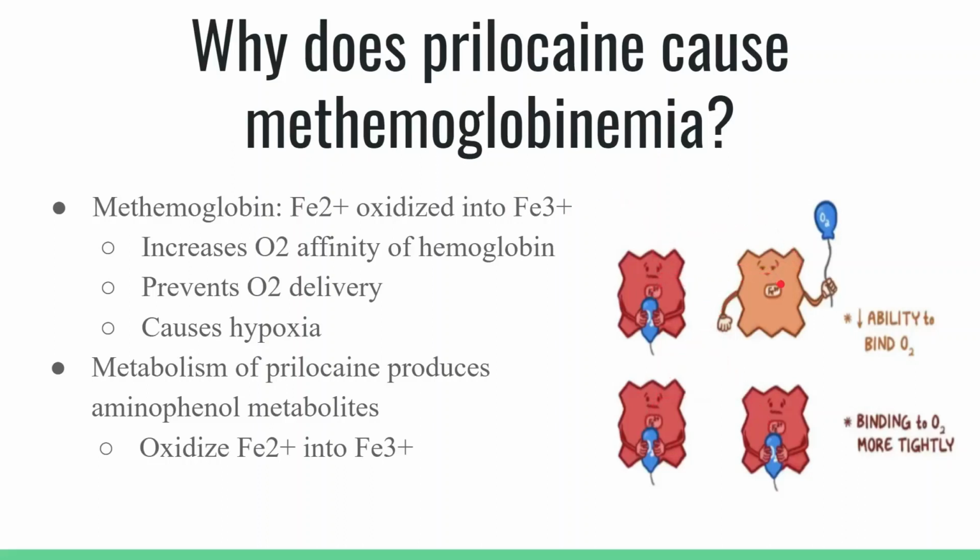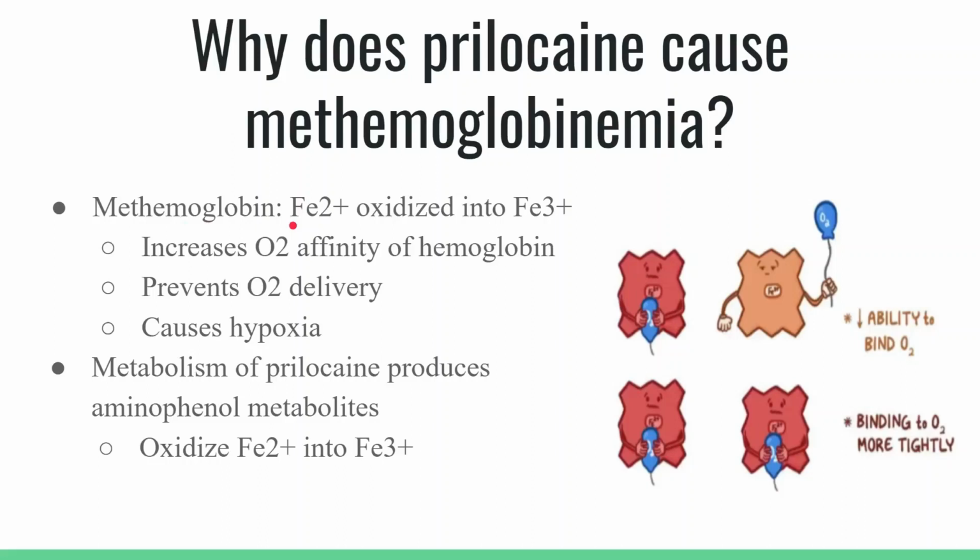Each one of these subunits has one heme group. This heme group has an Fe2 plus iron atom in the center, which is called the ferrous. Okay? This ferrous is the normal state and it's called hemoglobin and it carries oxygen. But when one of these heme groups becomes oxidized into ferric, that's when it is called methemoglobin.